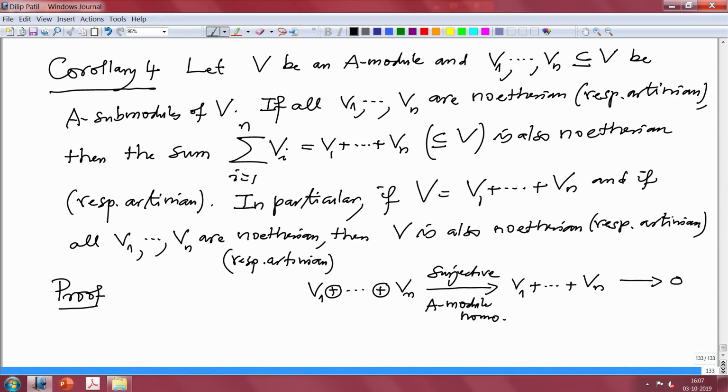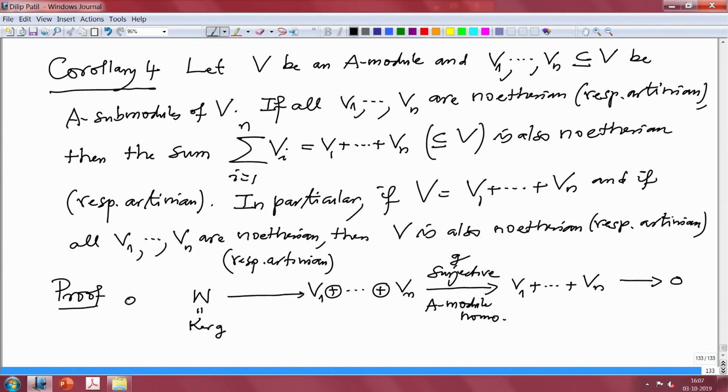Now it will have a kernel. So let us call the kernel W. Let us call this map G. Then W is precisely the kernel of G, which is a submodule of the direct sum.